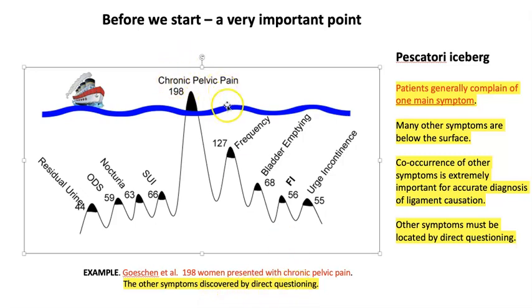So they had chronic pelvic pain and some degree of uterine prolapse. 55 had urge incontinence, 56 fecal incontinence, 68 bladder emptying problems, 127 had frequency, 66 had stress incontinence, 63 had nocturia, 59 had obstructive defecation, and 44 had residual urine greater than 50 mils.